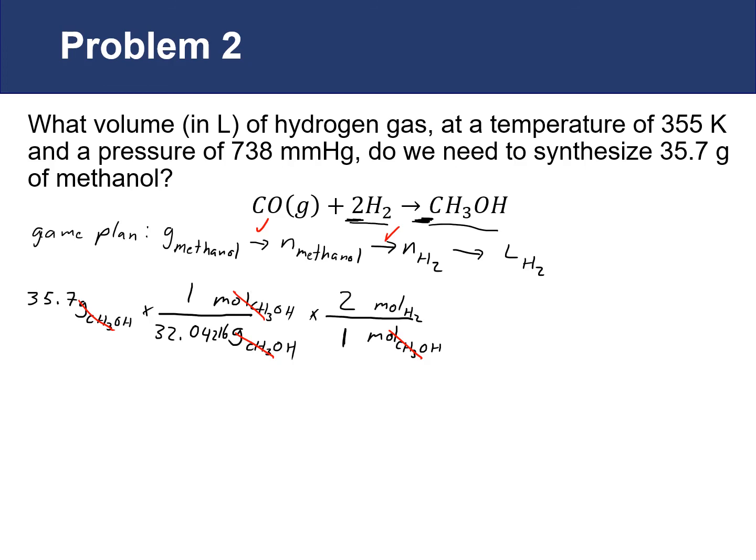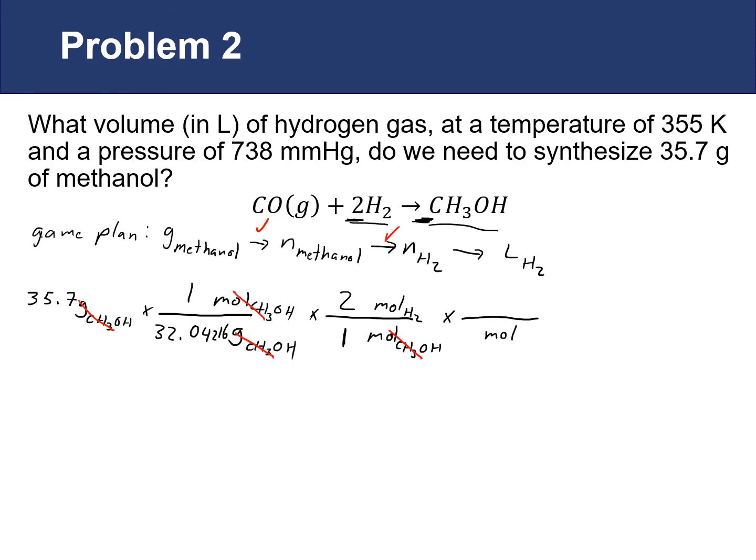Now we want to go from moles to volume of our hydrogen gas. Perhaps the easiest way to do this is to align our R value to get rid of the moles. So we want to get rid of moles.